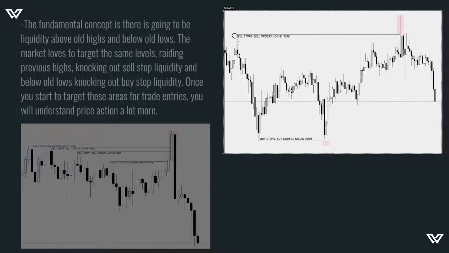We've got a swing high and a swing low. Price sweeps this swing low, and we see price move in the opposite direction. The same up here, we have orders above here. Price sweeps this high, and we start to trend lower. So what we're looking at here is buy side liquidity and sell side liquidity. We get onto this more later.